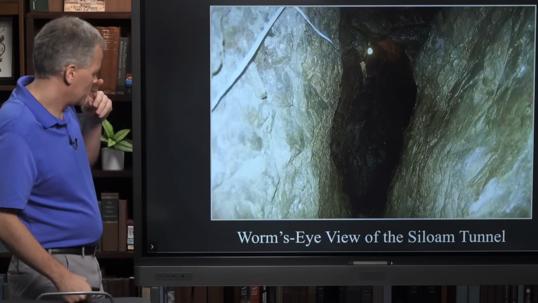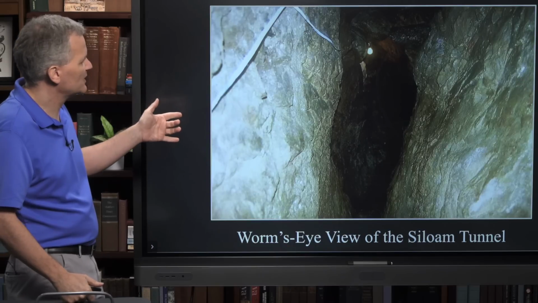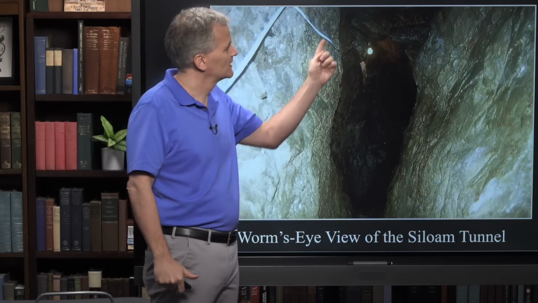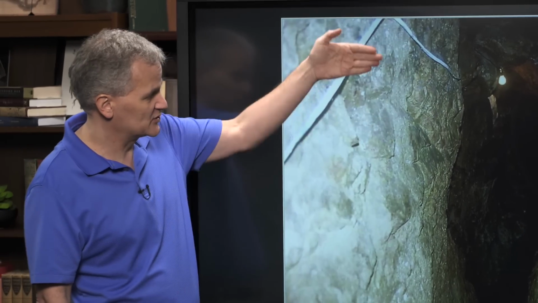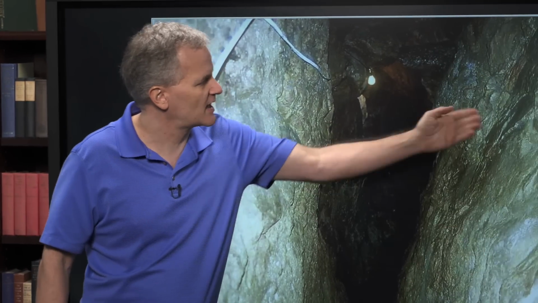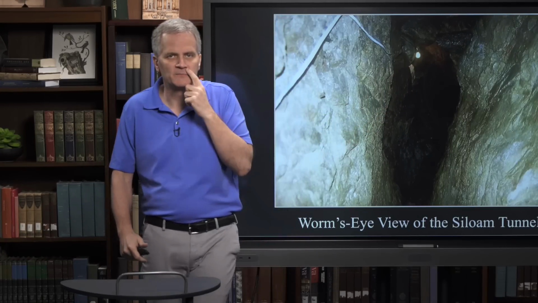So here is a worm's eye view of the Siloam Tunnel, and you can see something very important at the top. You see the stones here, the boulders? Okay, that's limestone, that's bedrock, if you will, on one side, and here's the second side. But these are boulders, independent boulders. So here's the idea. You had this very deep channel that was dug at some point in Jerusalem's history.